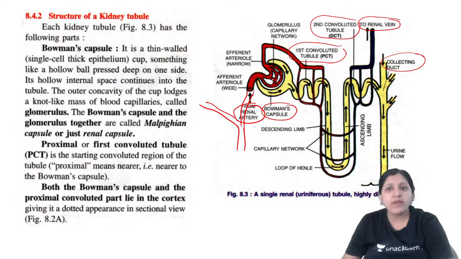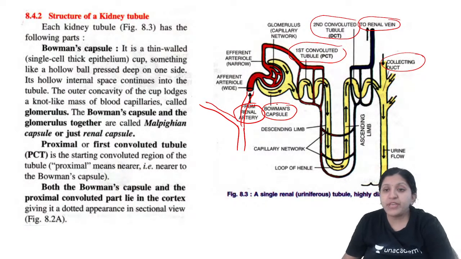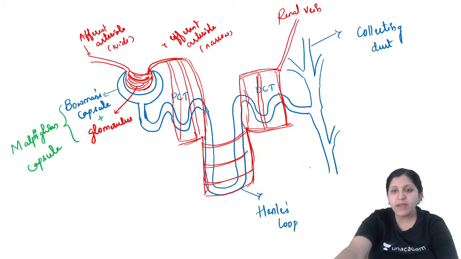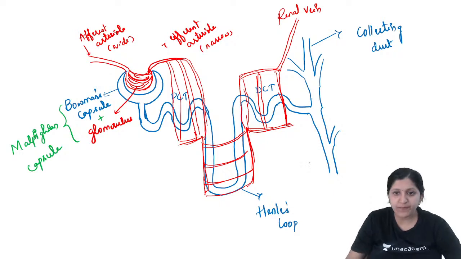The glomerulus is there, so Bowman's capsule and glomerulus together we call the Malpighian capsule. The descending limb and ascending limb I haven't mentioned. I'll just label it over here. So this particular part, what is there?